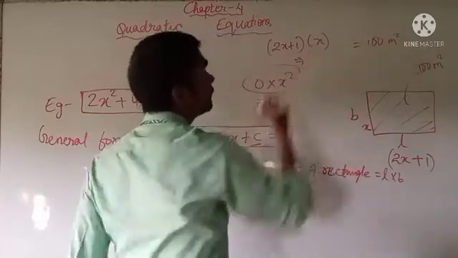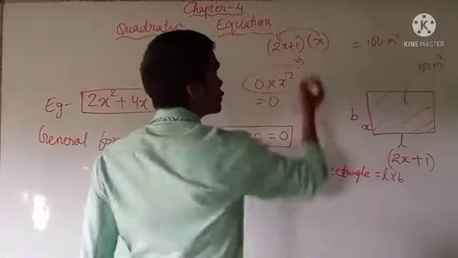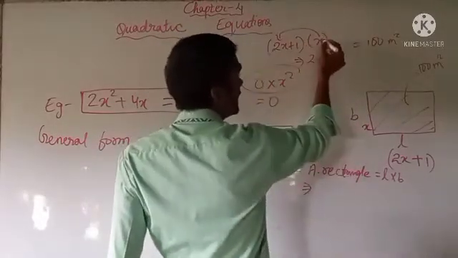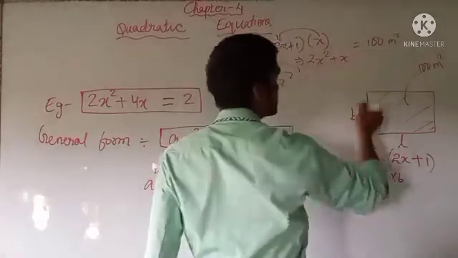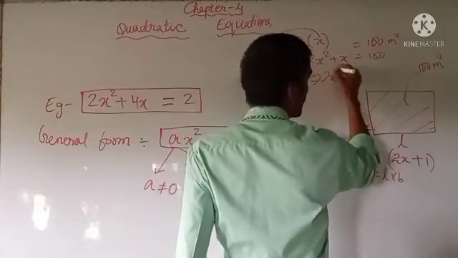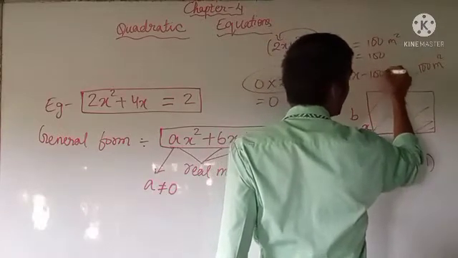Now in brackets, x will be multiplied with 2x, so x into 2x gives 2x square. Again x will be multiplied with 1, so x into 1 gives x, is equal to 100. Now 2x square plus x, when we transfer the 100 it changes into minus 100, is equal to 0.